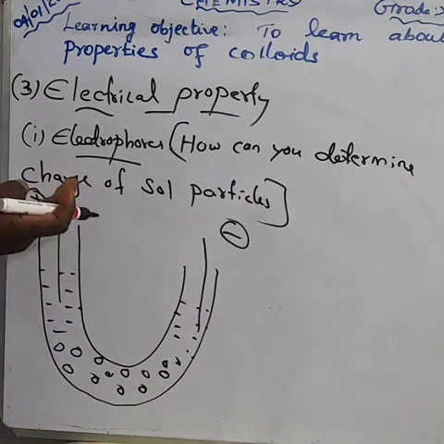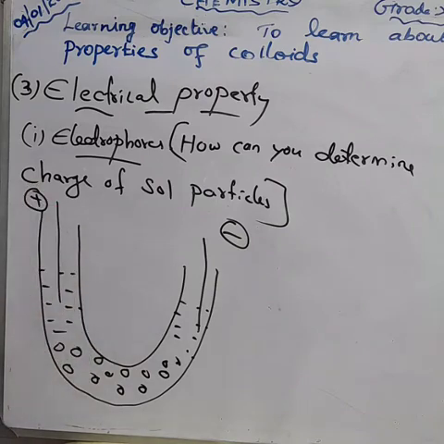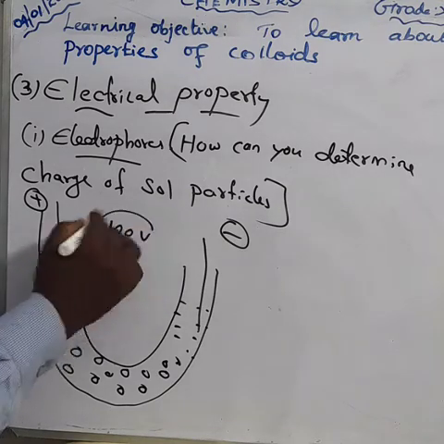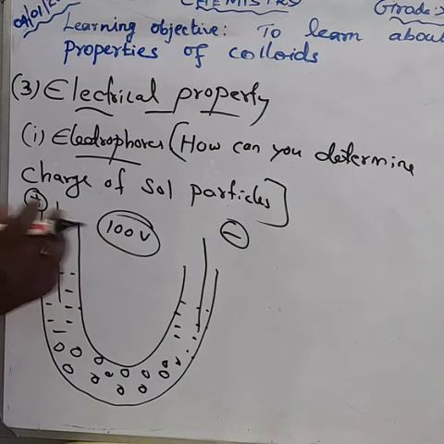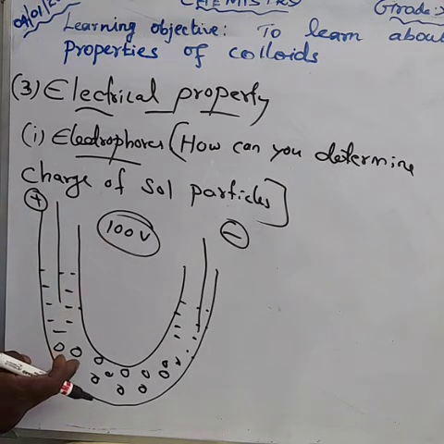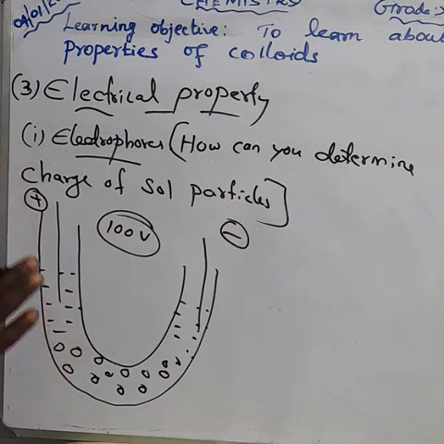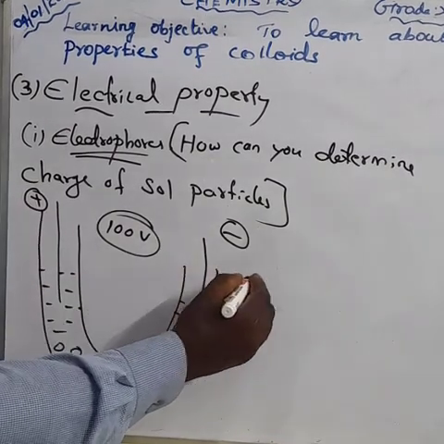When we apply an electric potential, some low voltage, maybe 100 volts, due to the electrical supply here, the migration of solid particles under the influence of an electric field is called electrophoresis, otherwise called cataphoresis.